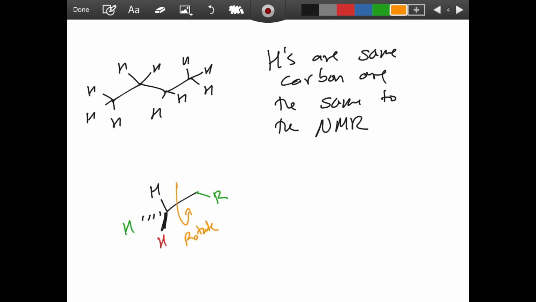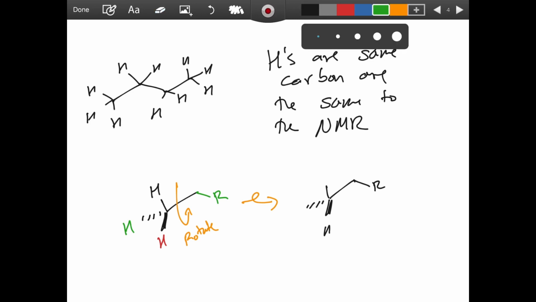right? So as the NMR is taking this picture of the molecule, each time it takes a picture, one of those hydrogens moves, right? So in one picture, the black hydrogen goes from being in plane to on the wedge.